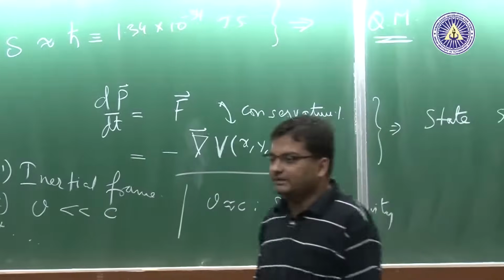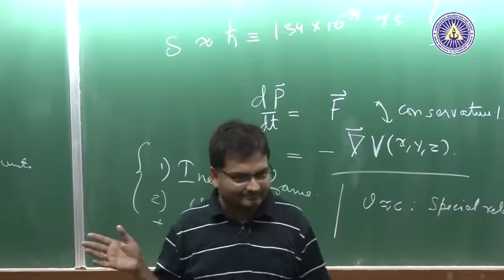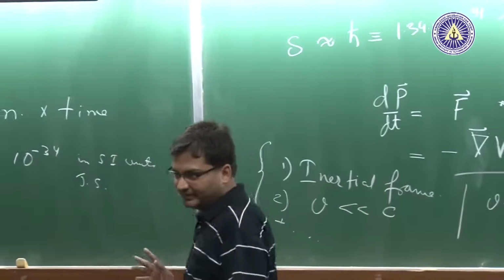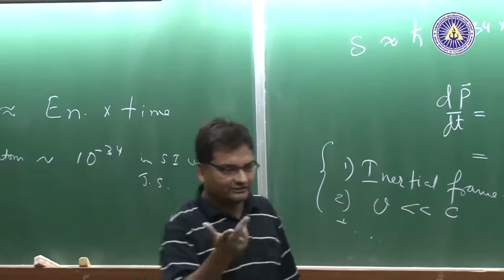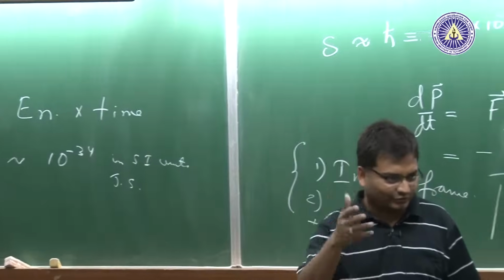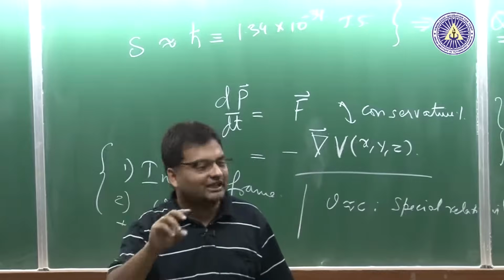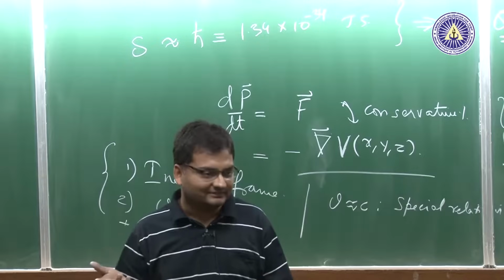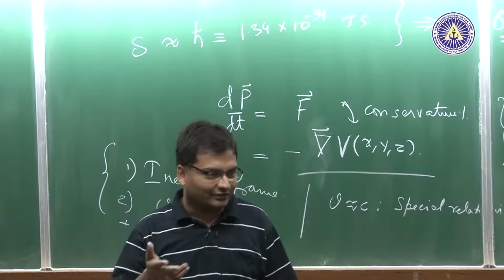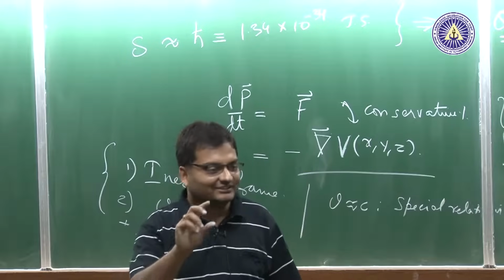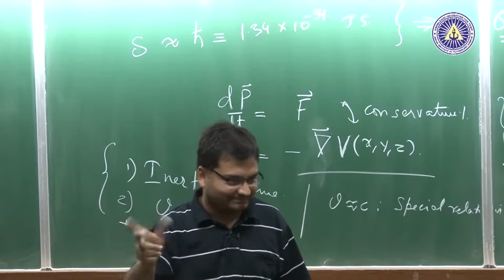Now suppose I have an RC circuit, that I will never think in terms of quantum mechanics, by the way. In an RC circuit I would have a natural time constant, for example, 1 by root over RC. So that would roughly be the time. And what would be the energy? For a capacitor, what is roughly the energy? So that is the energy, that is the time.